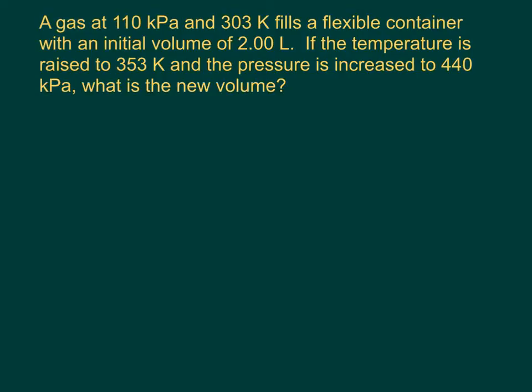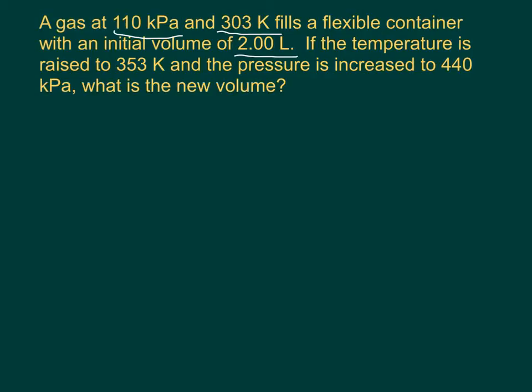When I look at this problem, I should notice that I am given kilopascals, a unit of pressure, Kelvin, a unit of temperature, and liters, a unit of volume. So right off the bat, I should recognize that I am working with all three of those variables, and therefore this must be a combined gas law problem.